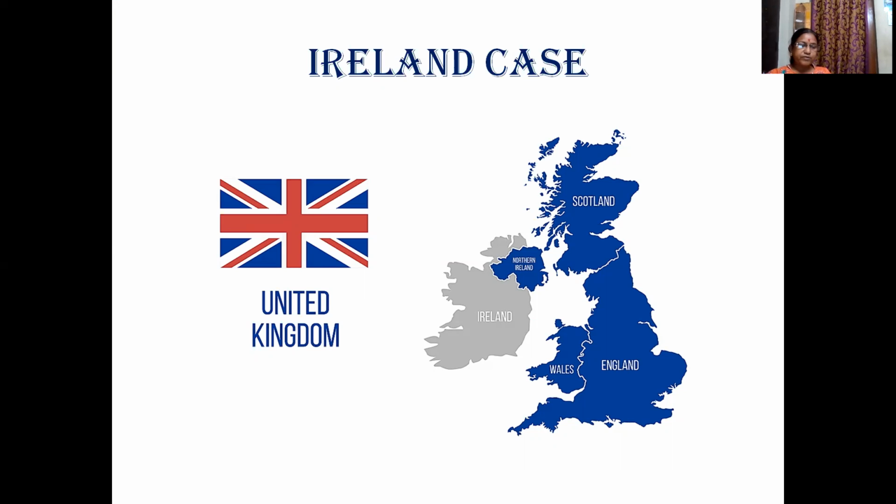That Protestant movement was led by Martin Luther, and they started their Protestant churches. So the Protestants of Northern Ireland wanted to unite with the United Kingdom, and Ireland wanted to remain independent. This struggle between the nationalists of the Republic of Ireland and the Unionists of Northern Ireland went on for a long period of time.